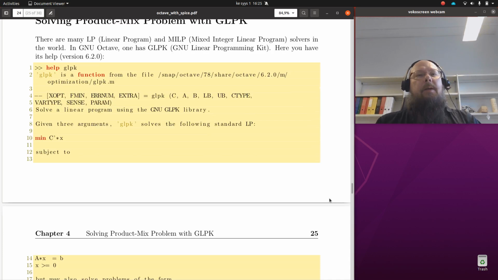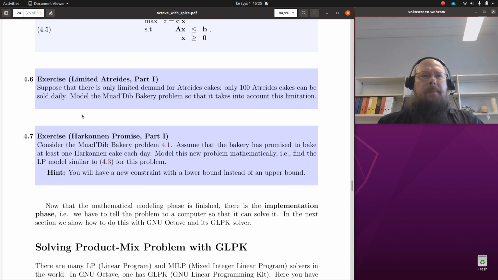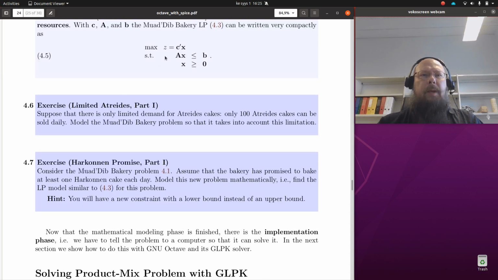And it actually now starts to look good. It says somehow that given 3 arguments, GLPK solves the following. Okay, this is called standard LP by GLPK. So minimize C prime times X, so C transpose X, that's basically what we have here, but we want to maximize.